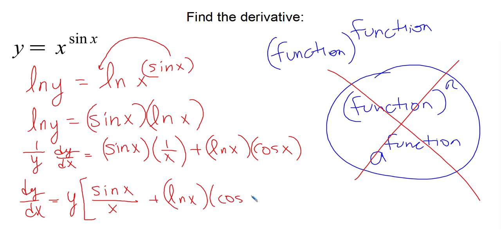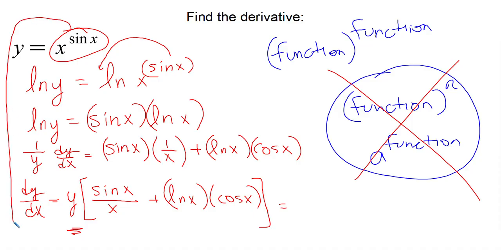But because we started off with a function that was all in terms of x, we don't want to leave a y in our final answer. So we'll just replace it with what y is. y is x to the power of sine x.